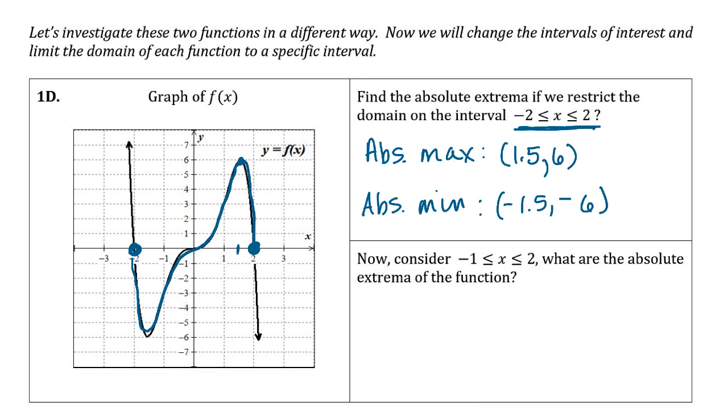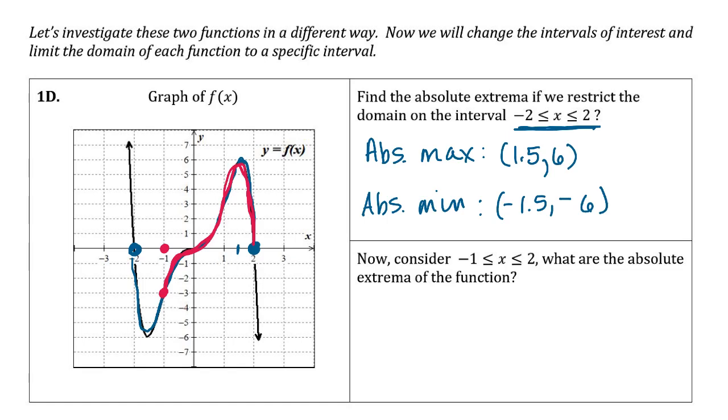Okay, now for the next part, we're going to consider from negative 1 to 2. So we're going to change our interval again. We're now looking just from negative 1 to positive 2, so we've shortened the interval even more. We're just looking at this portion here. And now what are the absolute extrema?